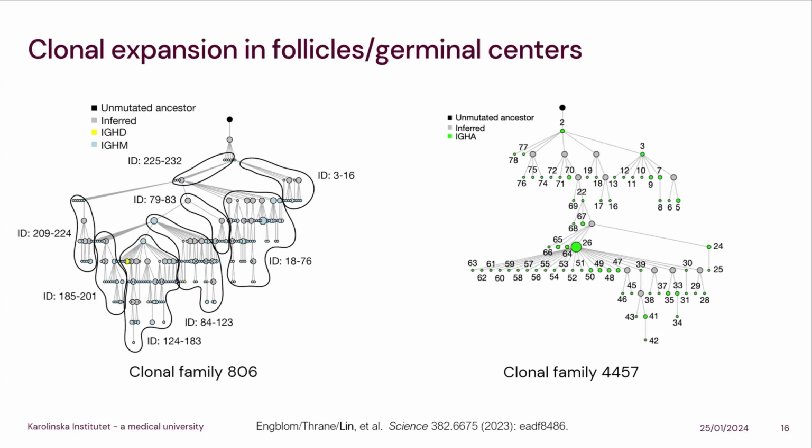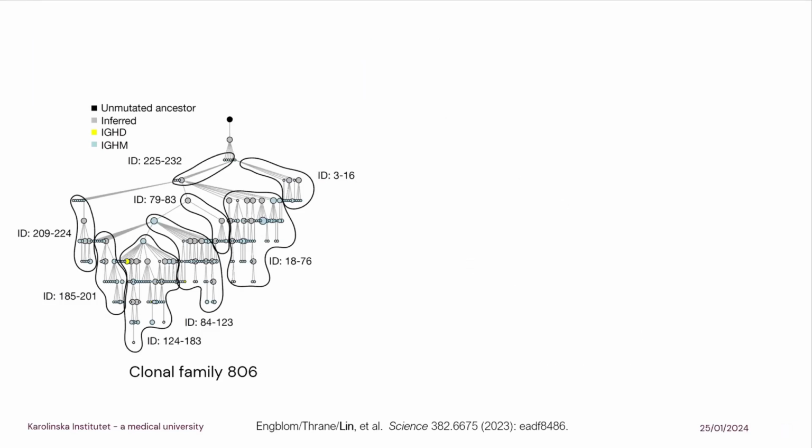In contrast, we have another tree, which is IgHA, which already had the class switching recombination. And it looks like it has 2 major somatic hypermutation or expansion events, one over here and another one at the bottom. Then how does this tree look on spatial? Where do those spots come from?